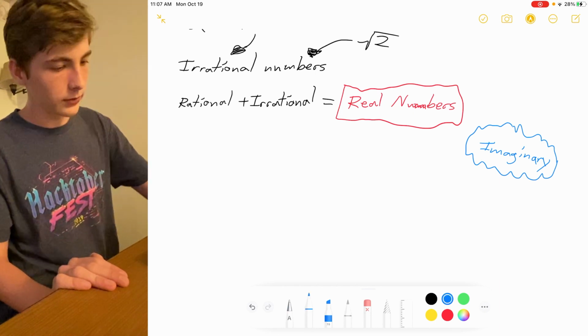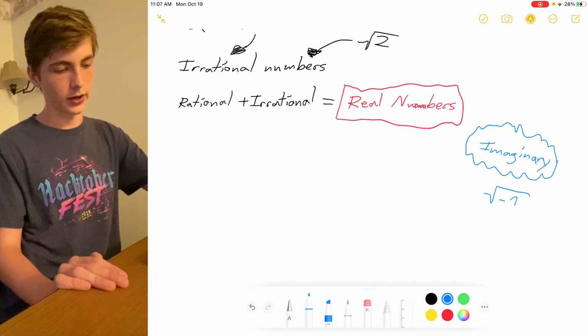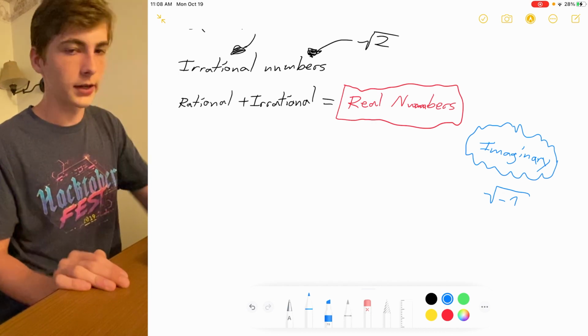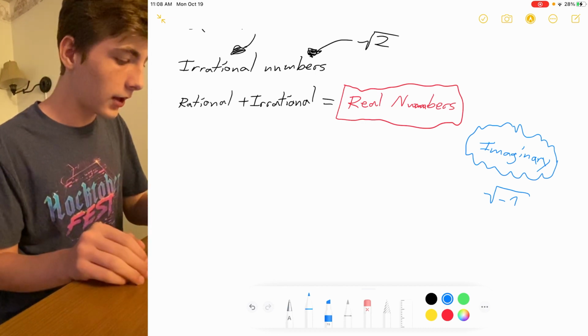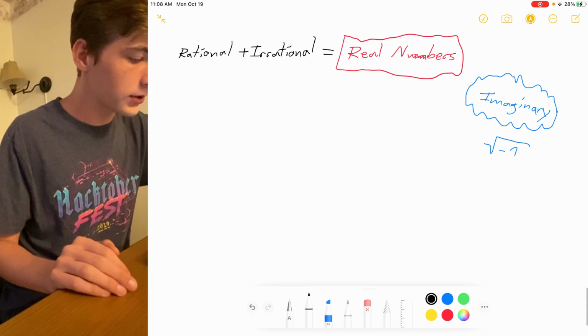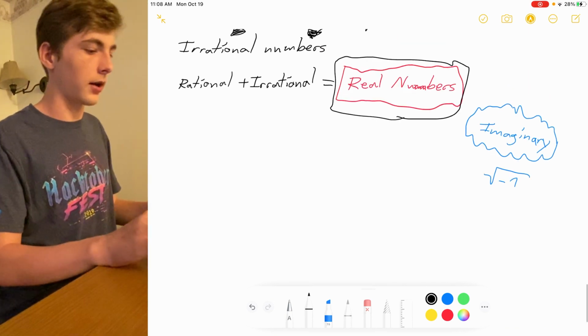As kind of a preview, you could think, okay, well, what's the square root of -1, for example, right? That's actually a very important number in the imaginary world, because you can't take a square root of a negative, because nothing times itself is going to be negative. But I am digressing.